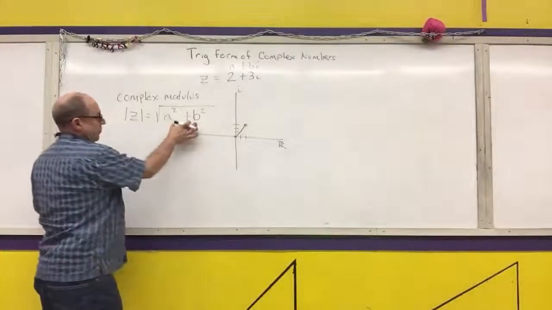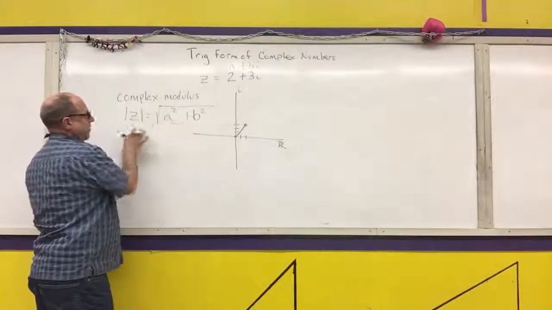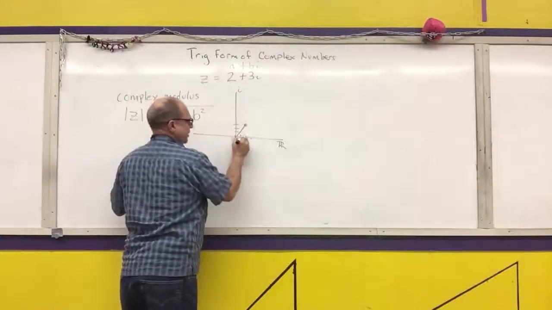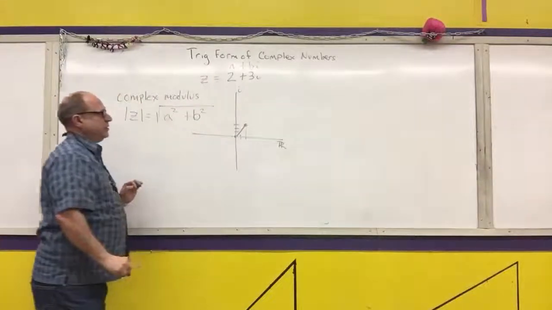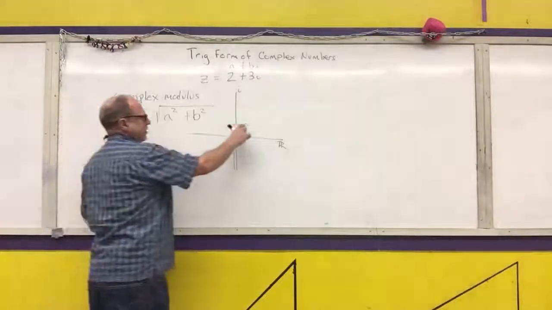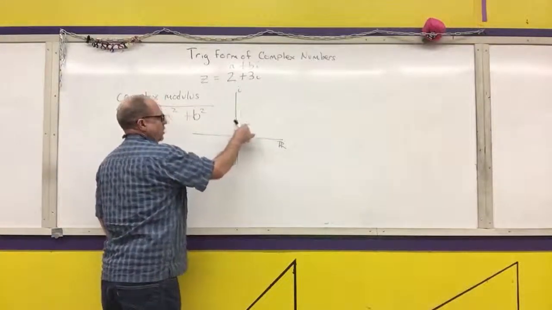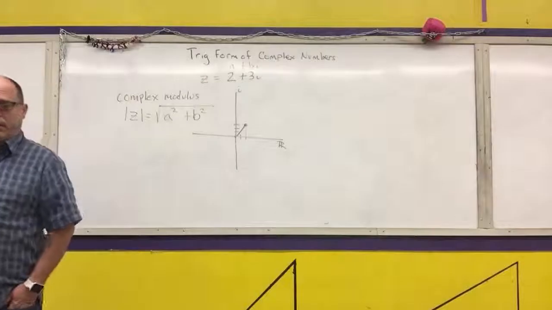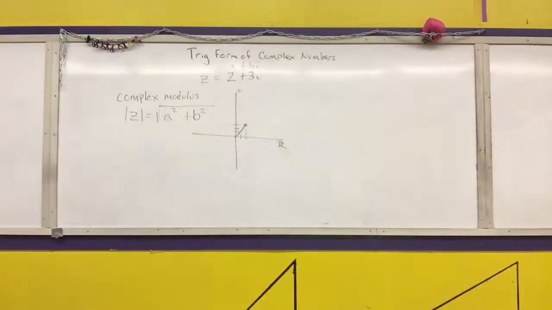This should look familiar to you. That is the Pythagorean theorem, assuming that this is a right triangle, which it is. So the complex modulus is actually the distance between the origin and the point marked on the Argand diagram.